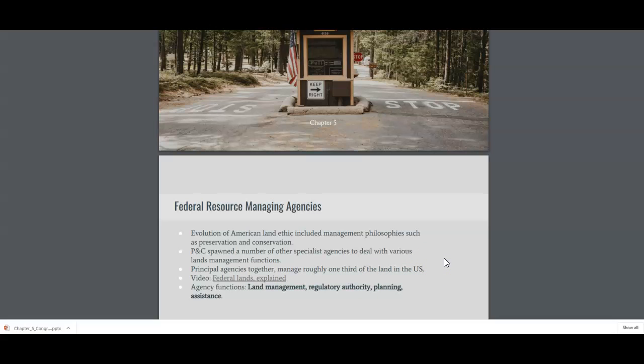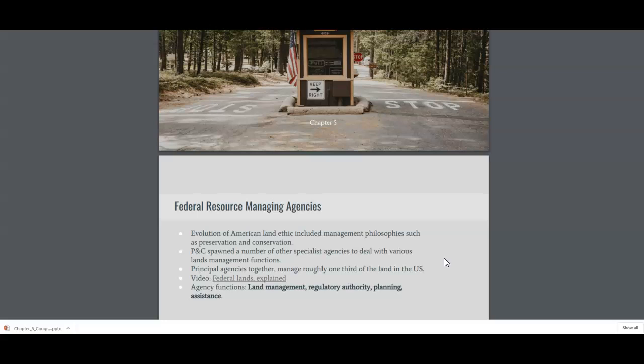Federal natural resource management agencies were born out of the conservation and preservation philosophies of the 19th century that we talked about in chapter 4.